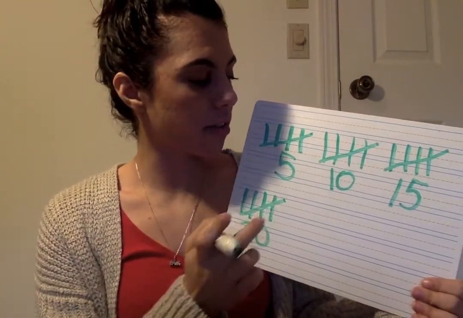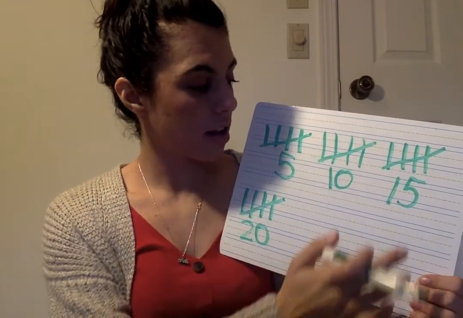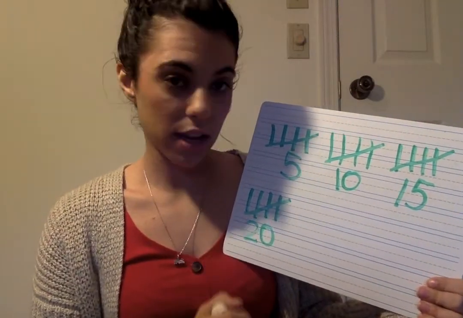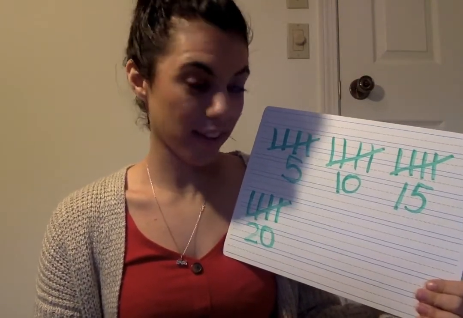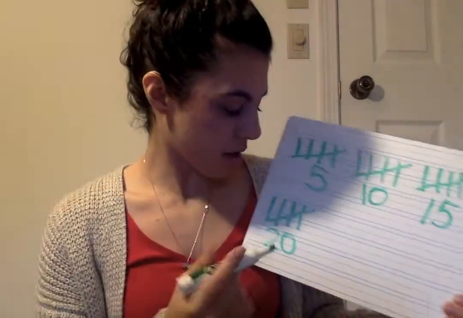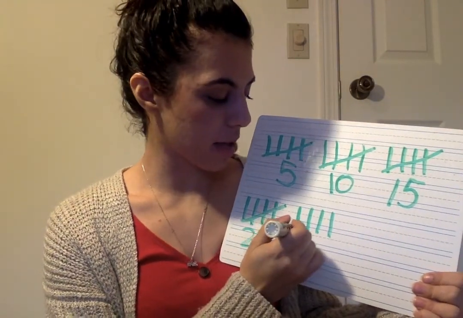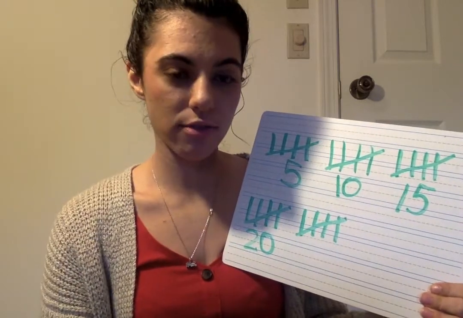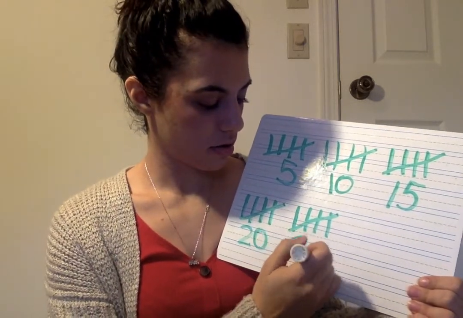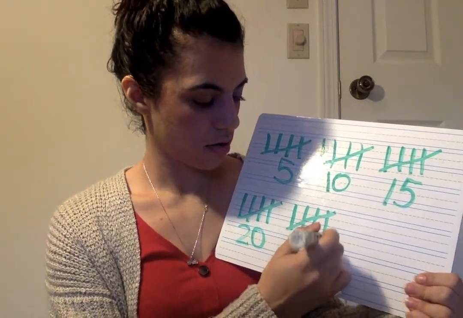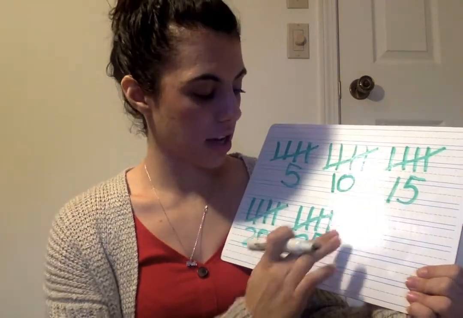So when we're counting by 5's, we can say 5, 10, 15, 20. Okay, let's go one more time. Okay, 21, 22, 23, 24. What do I have to do? I have to tally up to 25. Now I have 25.